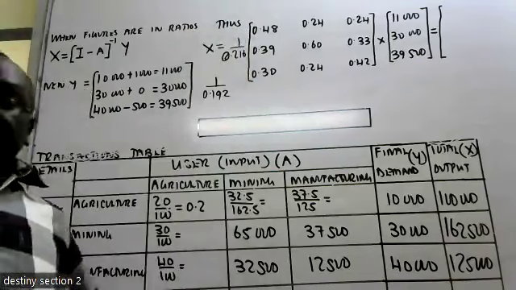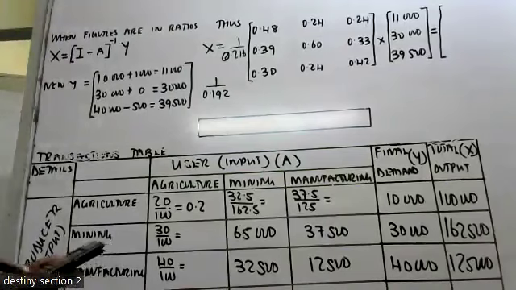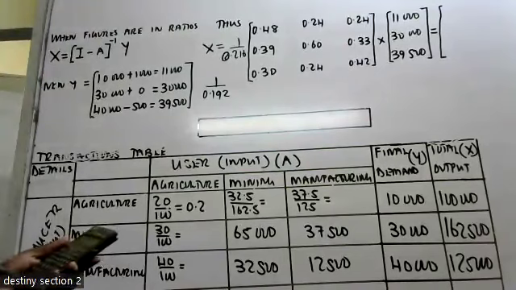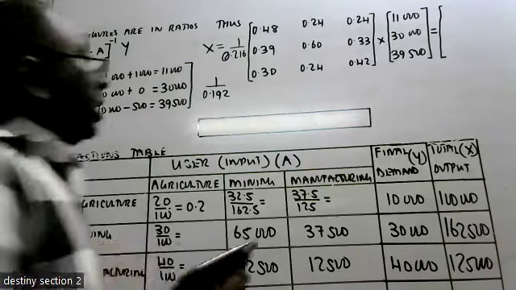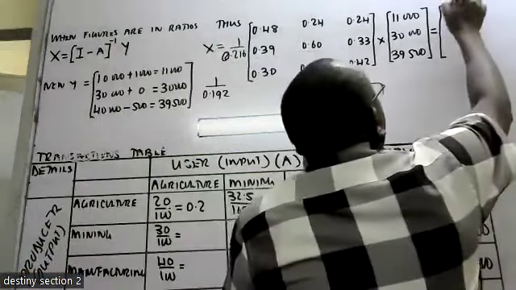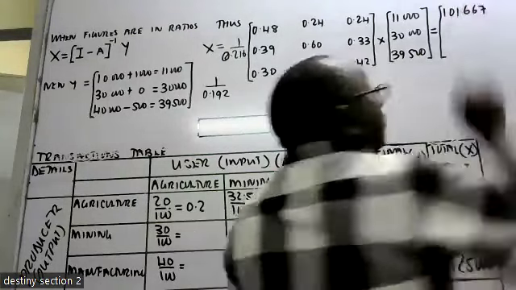So if you already had gotten the answer, you just divide by 0.216. So 0.48 times 11,000 plus 0.24 times 30,000 plus 0.24 times 39,500, you divide by 0.216. I'm getting 101,667 if I round up.